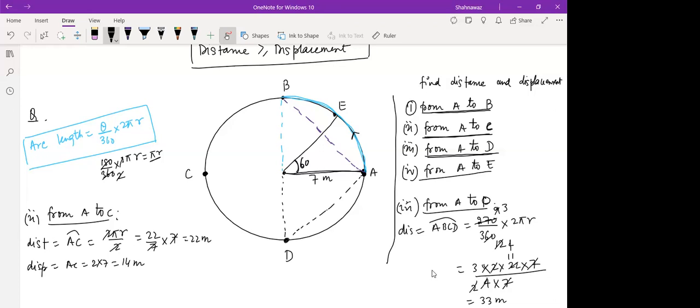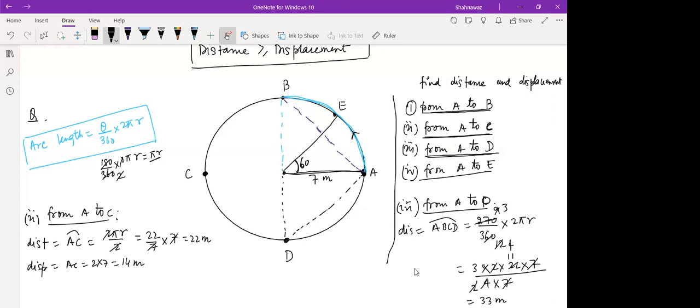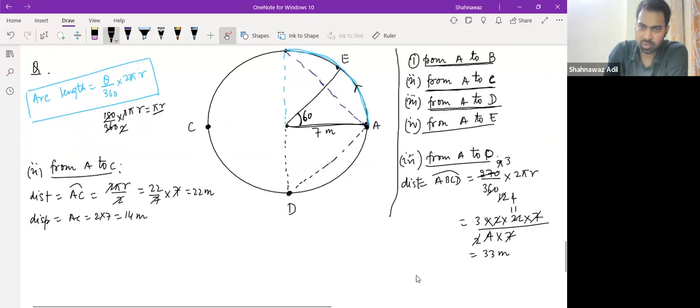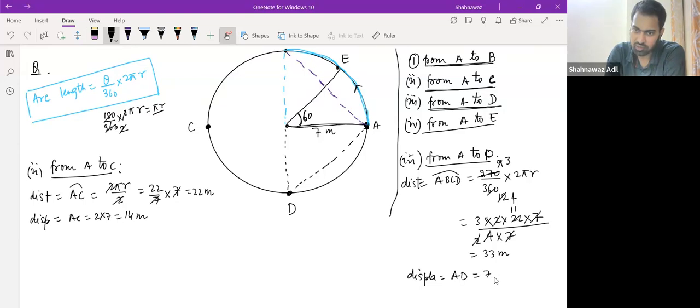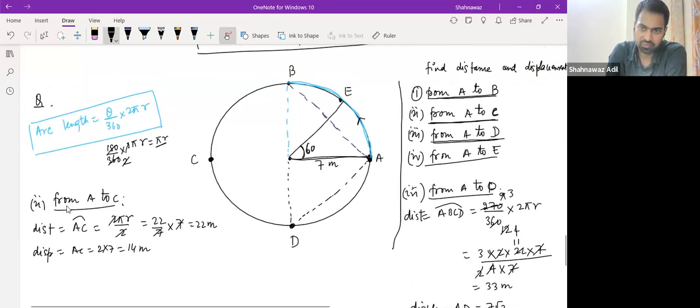Yes, sir. And as you said, the displacement would be the same as A to B, 7 root 2. So this is distance, and displacement would be AD, which is 7 root 2. So please note it down. Did you note down this part, second part?